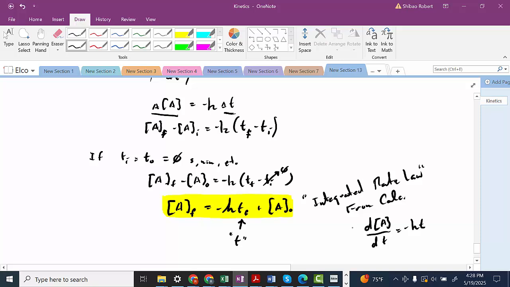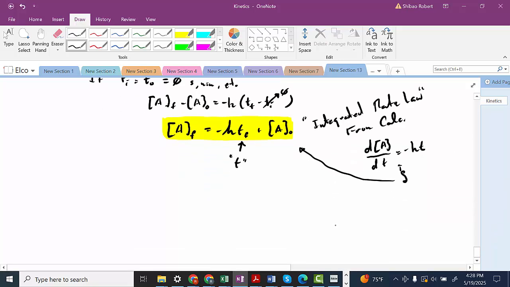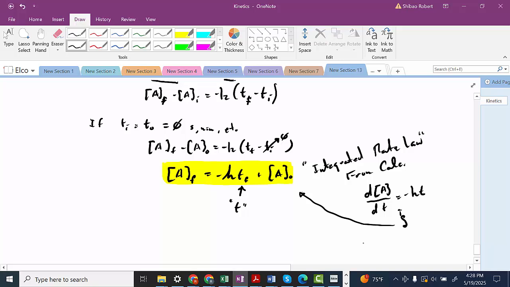And what you do is you do something called integration of this, and then that leads to this equation. But we just solved for it algebraically. We didn't have to use any calculus to come up with this equation. However, when the slope is changing, we do have to use some calculus to do this.